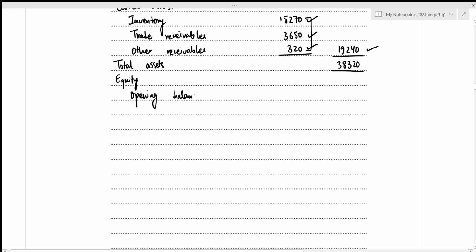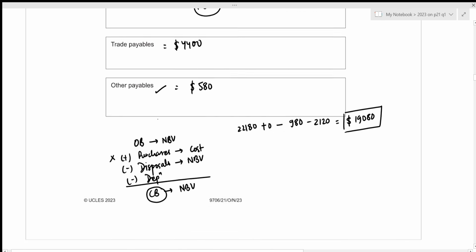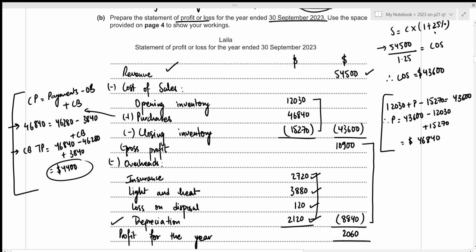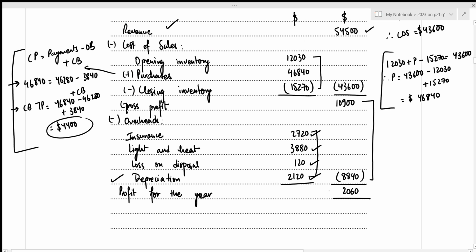So the opening balance is of 33,960, and the adjustment is that we add our profit for the year and we subtract any drawings. Okay, we've calculated the profit for the year to be 2,060. Let's add it.